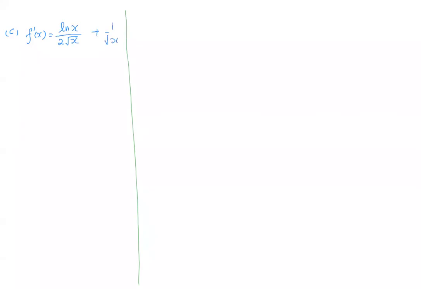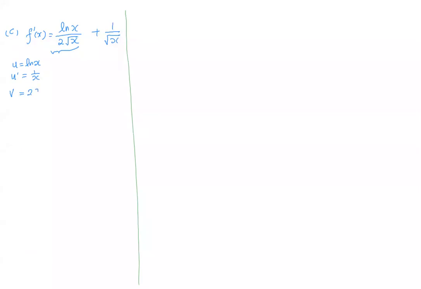First of all, for this part, you have to use quotient rule. So I will do part by part for you to see. My u is equal to ln x, so my u prime will be equal to 1 over x. The v, up to you, you can say 2 root x. We take as 2 root x, never mind.